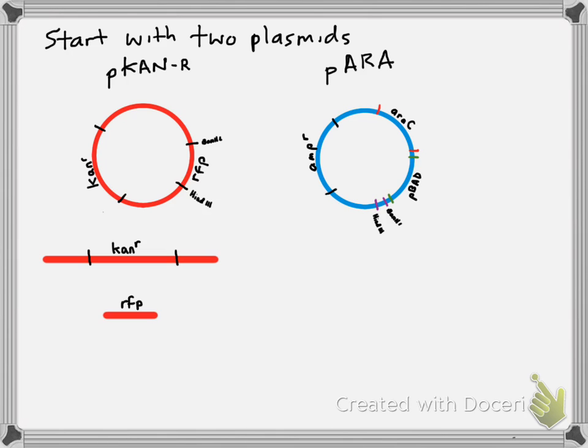In the next plasmid, the pARA plasmid, we also get two pieces, but one of the pieces contains all three genes, or actually two genes and the promoter. You've got the ampicillin resistance gene, the ARA-C gene, and the promoter, the pBAD promoter. And then we get this smaller 40 base pair chunk that contains really nothing of interest.